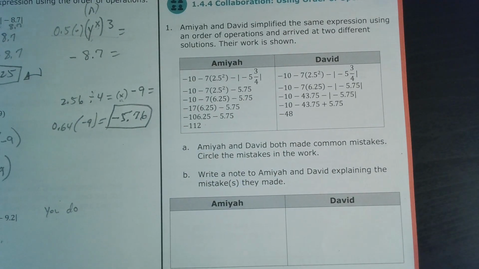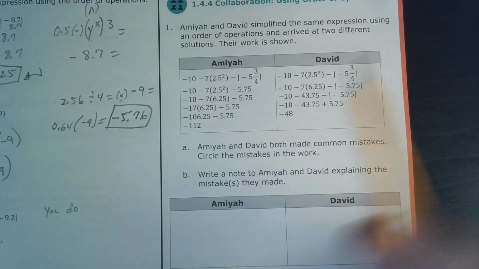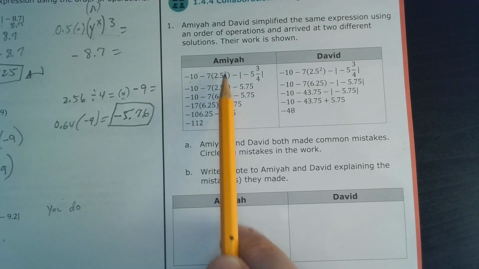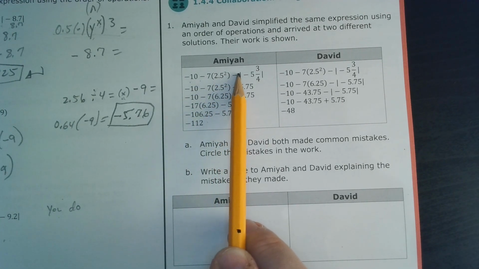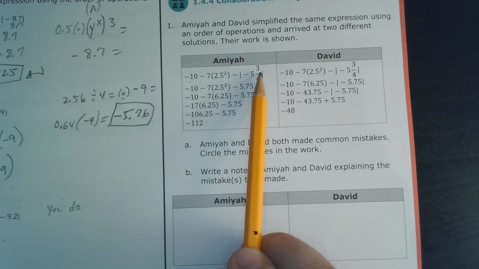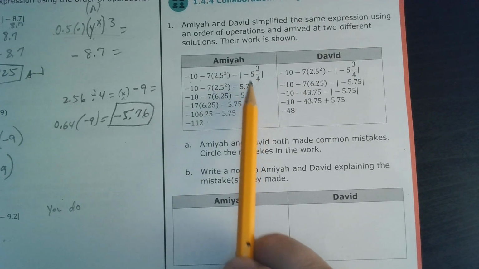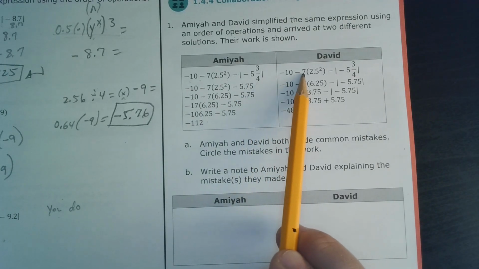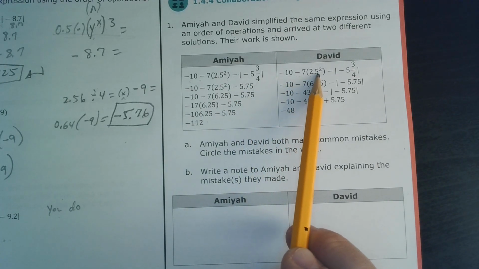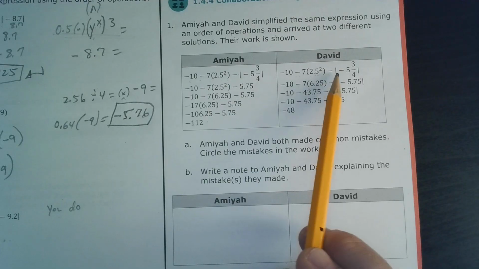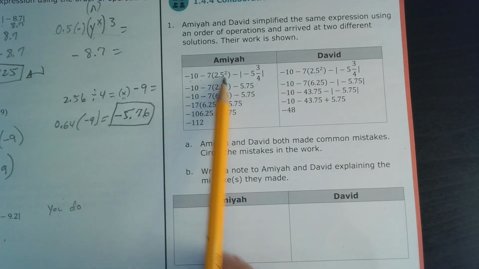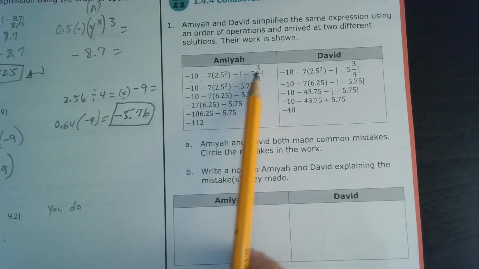The mistakes are over here. So your original problem is -10 minus 7 times 2.5 squared minus the absolute value of -5 3/4. So everything looks the same. Okay. Now here. What she did first was she changed this to a decimal.